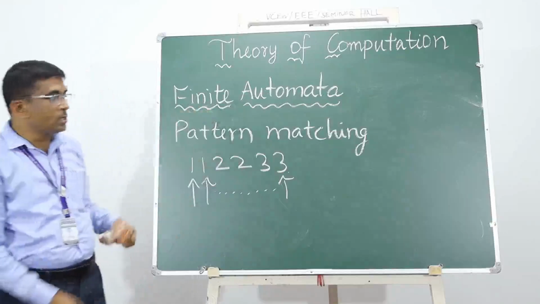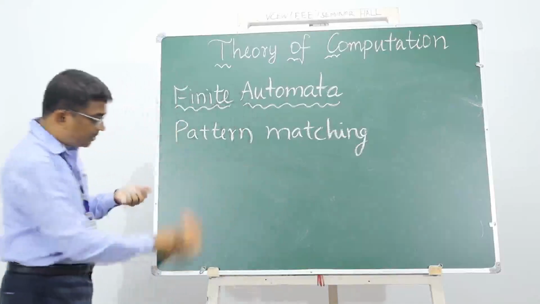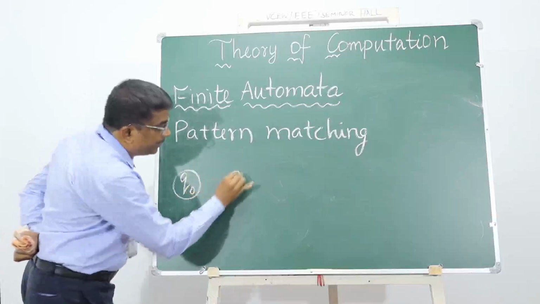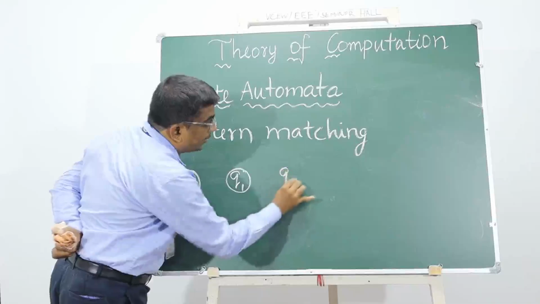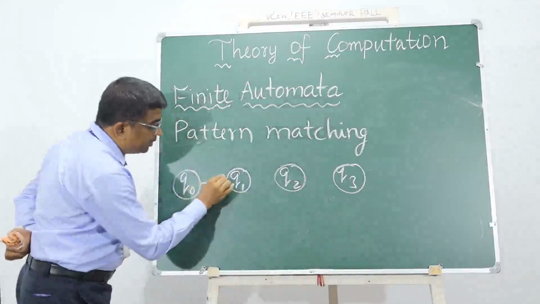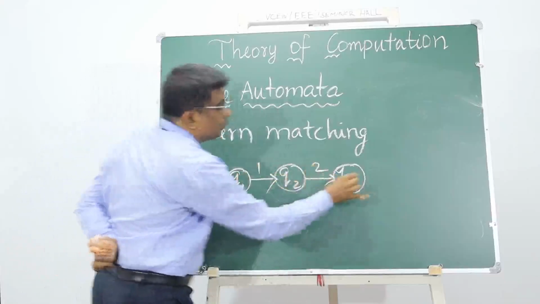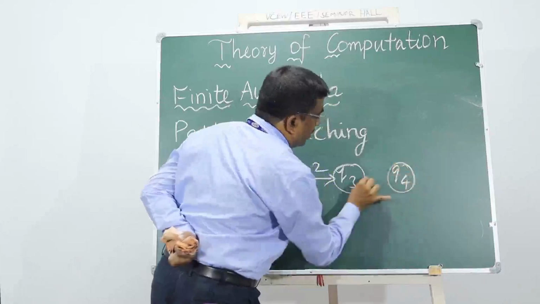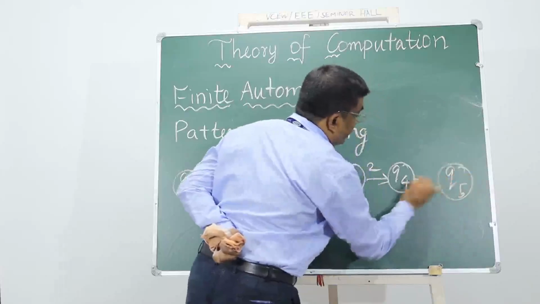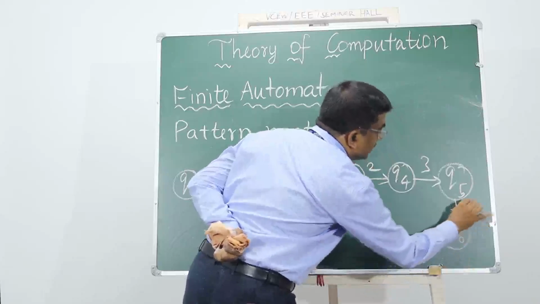Okay, we will discuss this passcode with one diagram. Consider the states Q0, Q1, Q2, Q3. Now I will use the passcode 1 1 2 2, and then Q5 on 3, and then Q6 on 3.